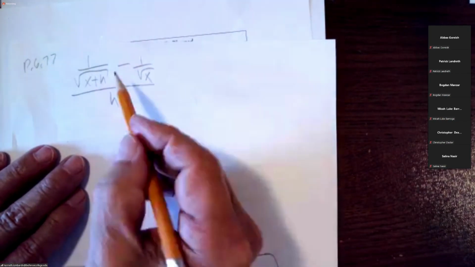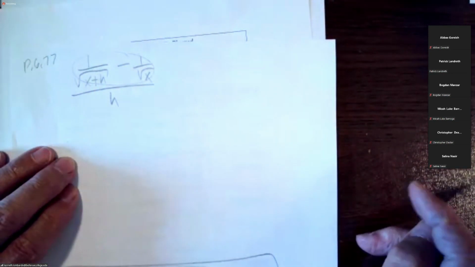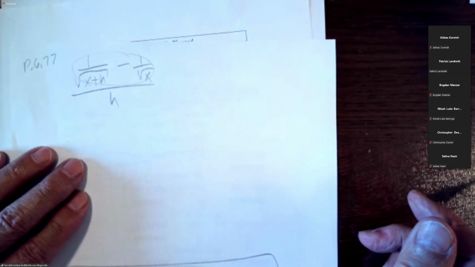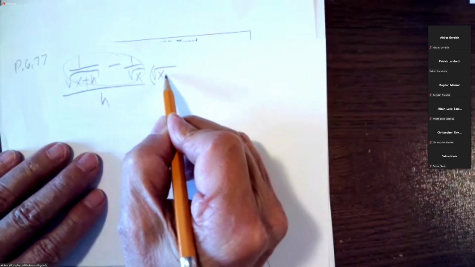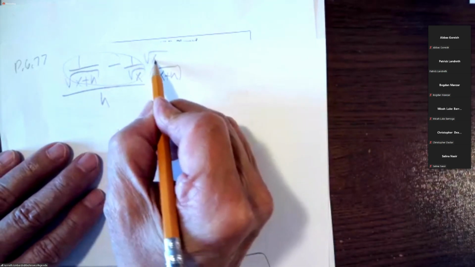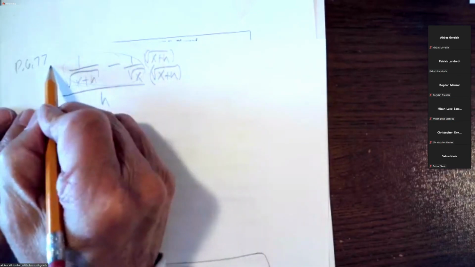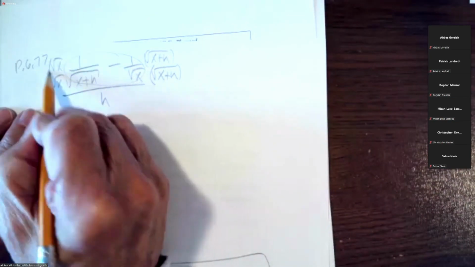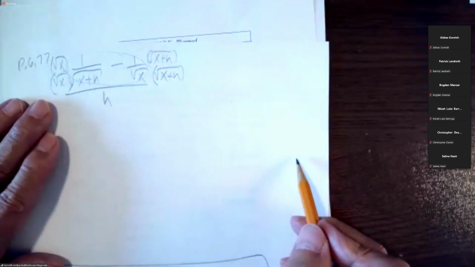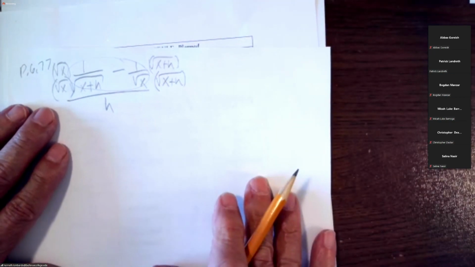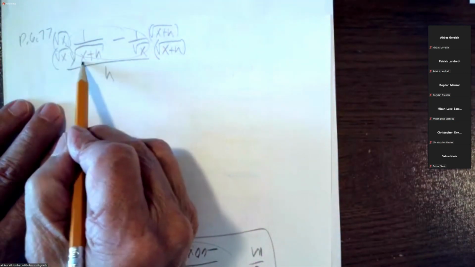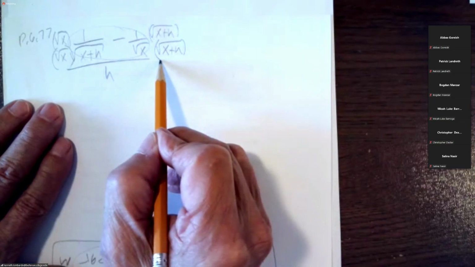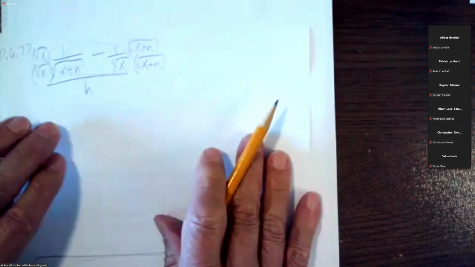Okay. So what do we want to do here in the numerator? Common denominator. All right. What's that going to be? Or how would we get it? Multiply that by square root x plus h and the other side by square root x. Is that correct? Yeah, that's correct. So now we have root x over root x plus h, all over h.